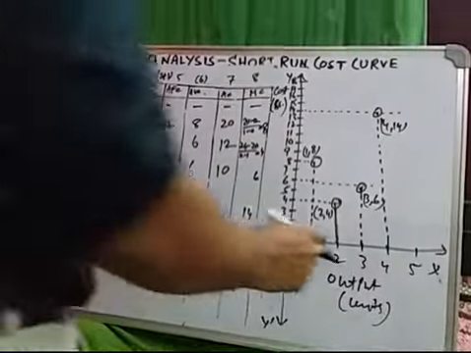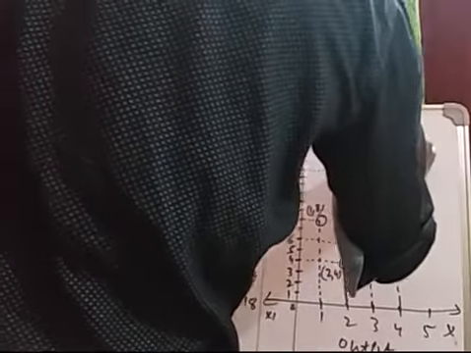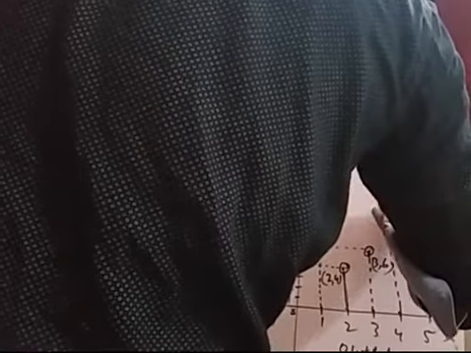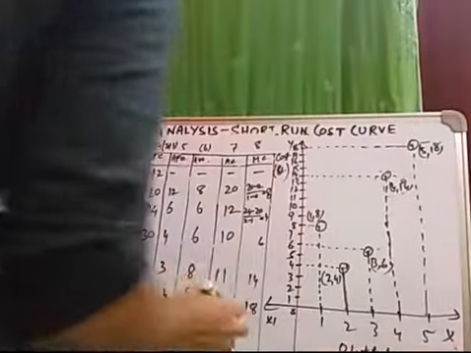And 5 comma 18. So 4 comma 14 will be here, and then 5 comma 18 will be here.